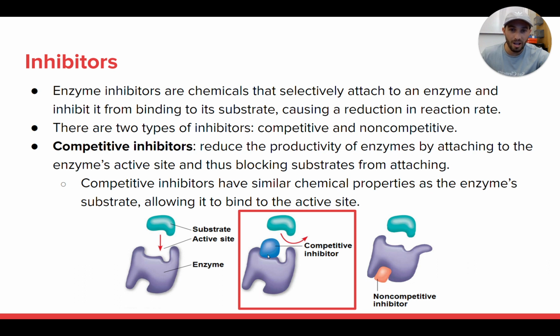This blue blob is binding to the active site of this enzyme, which physically blocks the substrate from binding. So this is definitely going to inhibit and stop this enzyme from working because it's binding to the active site, preventing it from binding to the actual substrate. And so we call this a competitive inhibitor.